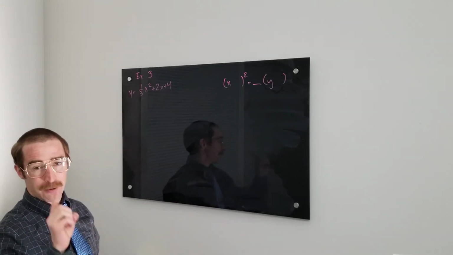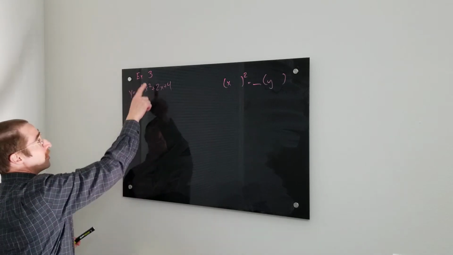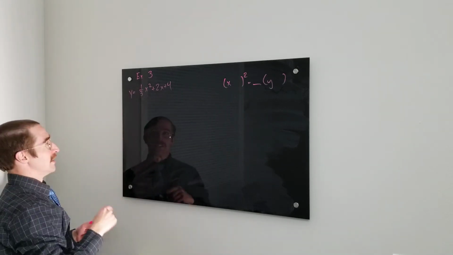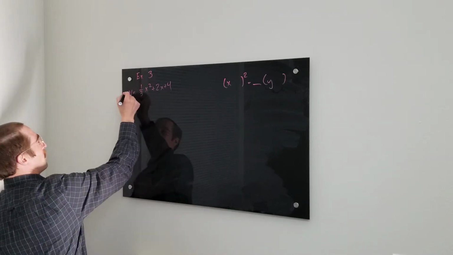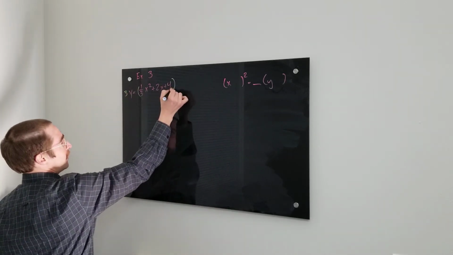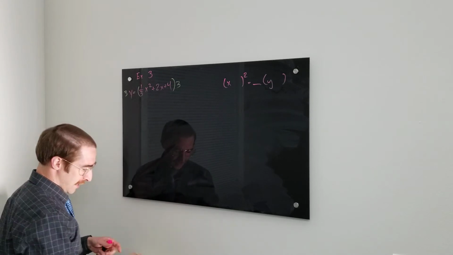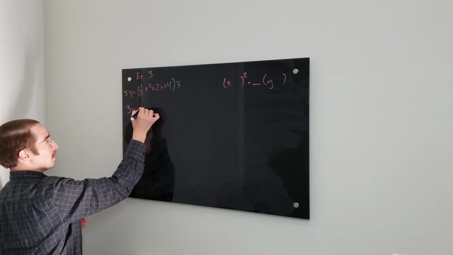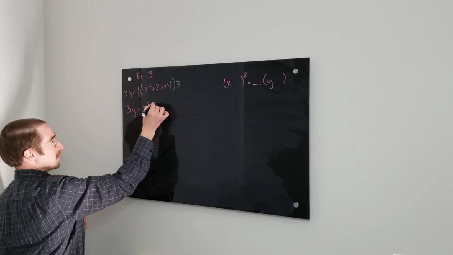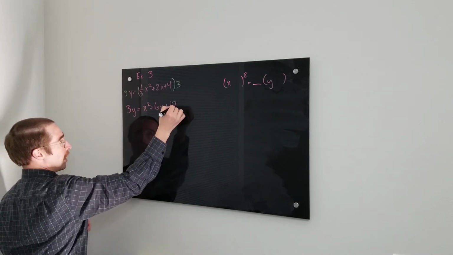So the first thing we want to do is make the squared term just 1 squared term. Not 1/3, not 4 squared, 1 squared. So I'm going to multiply by 3 here. I'm going to multiply by 3 on that side. And I get 3y equals x squared plus 6x plus 12.